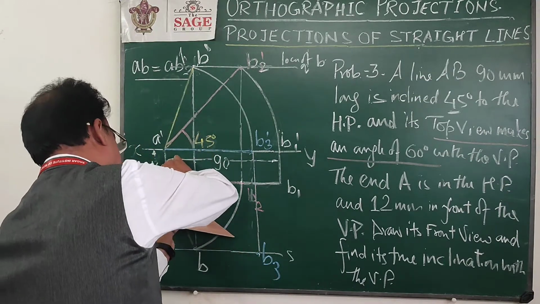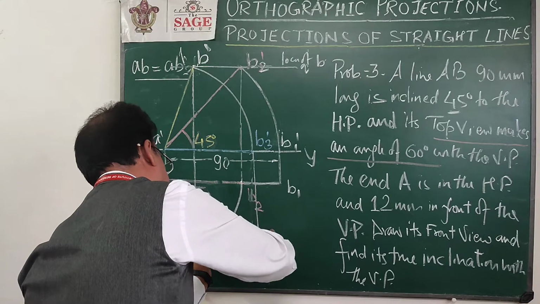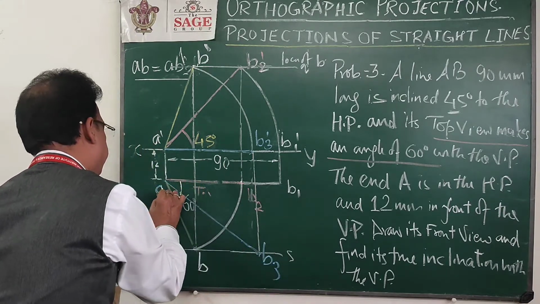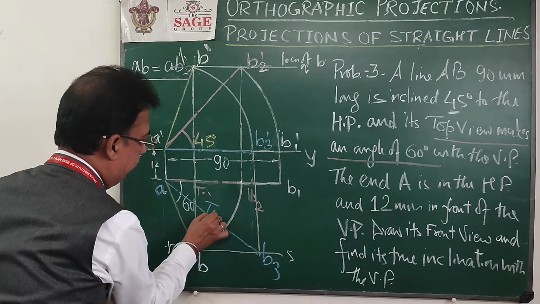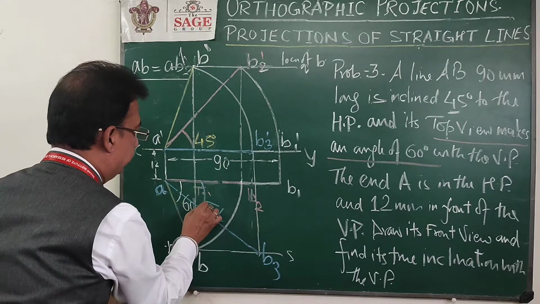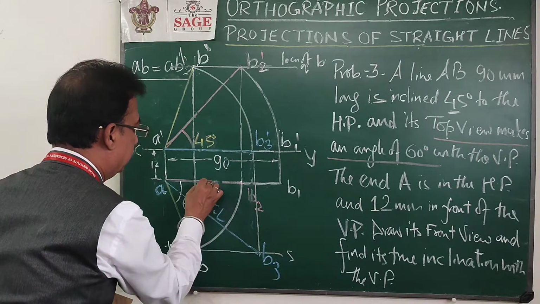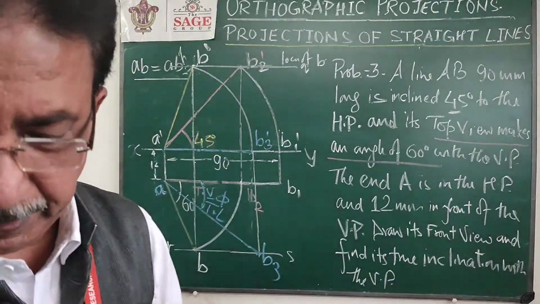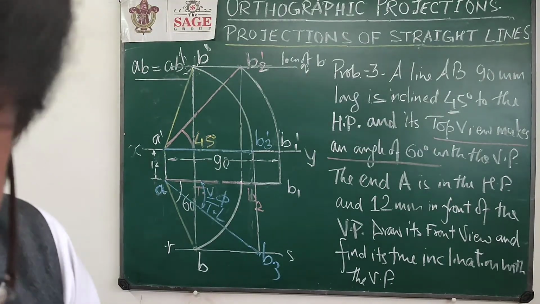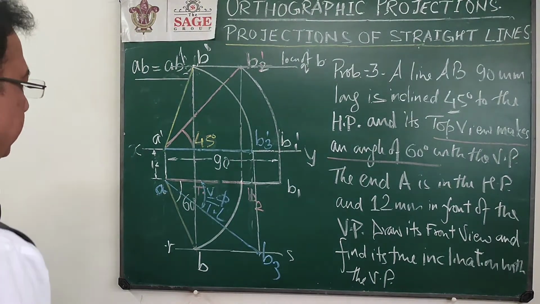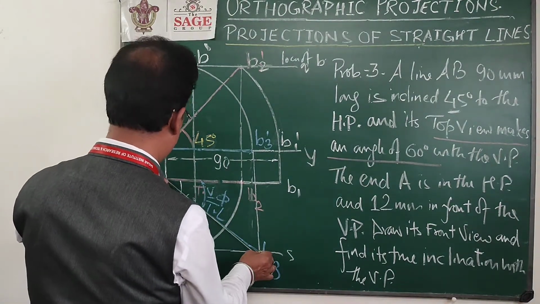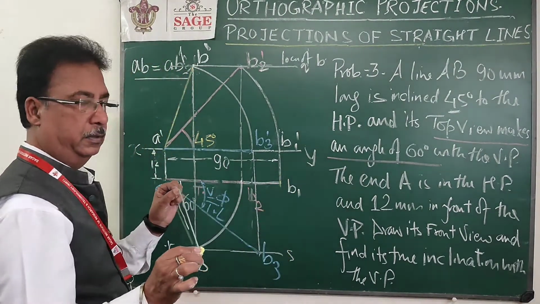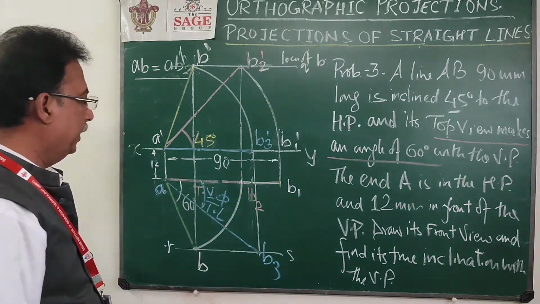Now join this A with B3. You will again get the true length and you can get phi. So this angle will be phi, and if you want to cross check, then this true length will be equal to this true length. So it means we have solved it correctly.